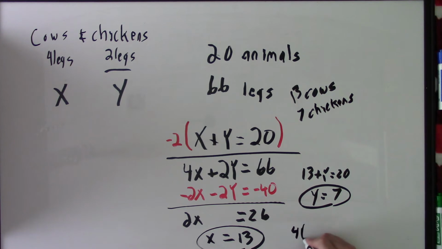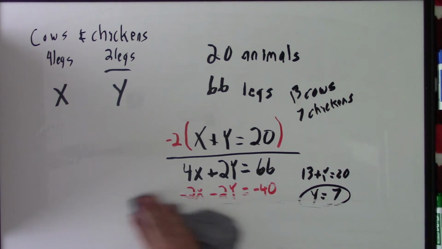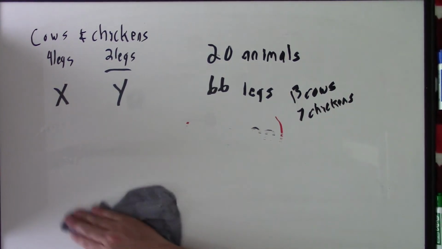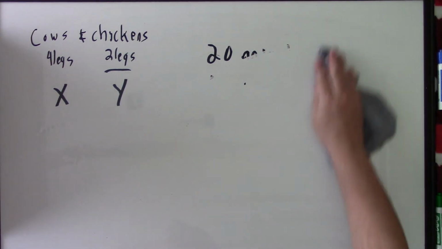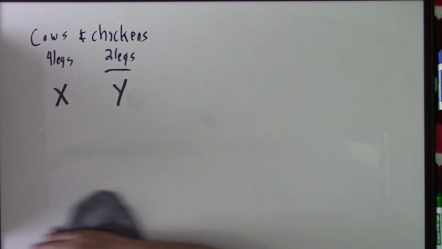So 4 times the 13 cows plus 2 times the 7 chickens has to equal 66. So 52 plus 14 is equal to 66, and that's true. 66 equals 66. So that's the algebra way of doing it. So that's for more advanced grade levels. If you're in the 6th, 7th, or 8th grade, you would use something like that.